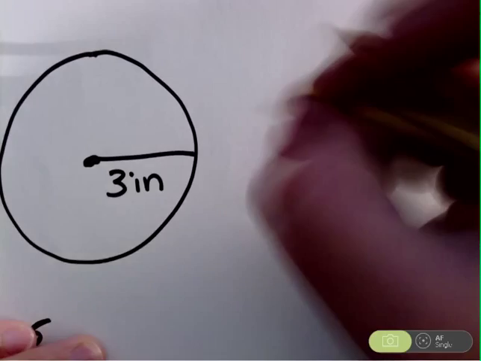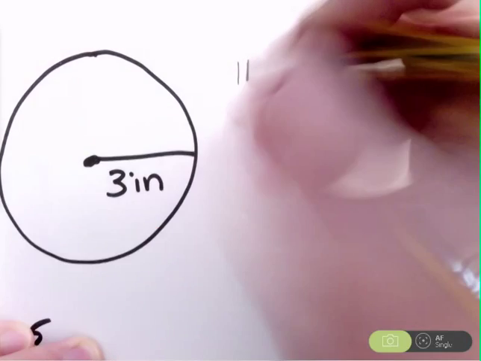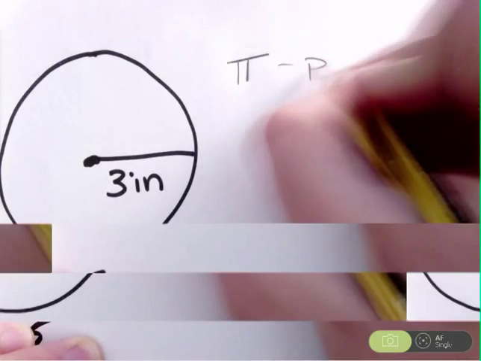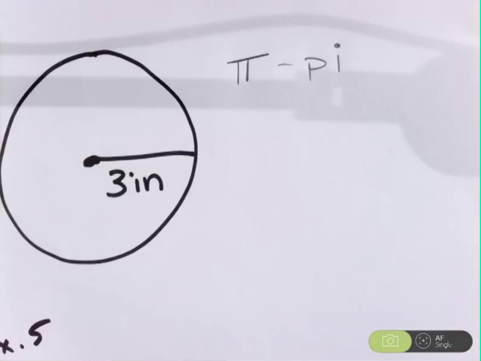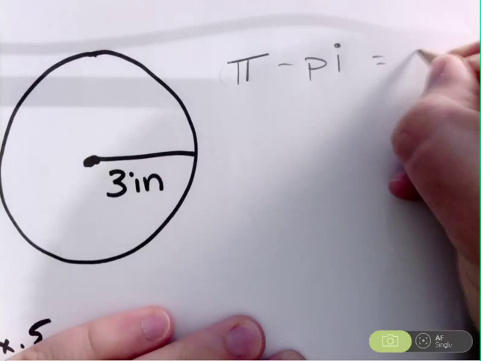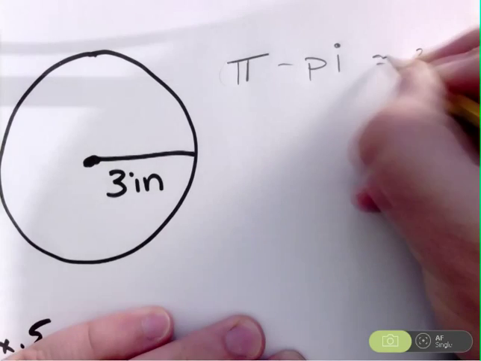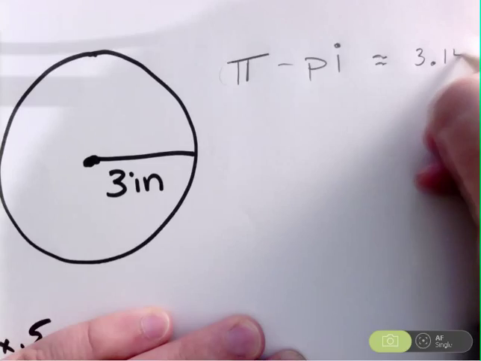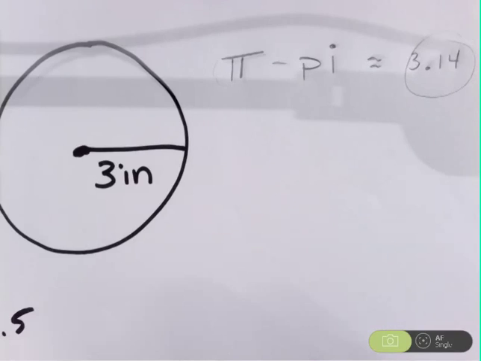So this special character is called pi. Okay? There's a button on your calculator that looks like this. The ratio for pi, the number that we can use as an approximate, is 3.14. So this is what I'm going to use today in my calculator.